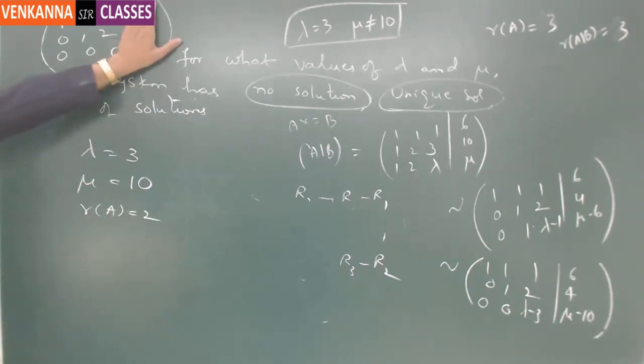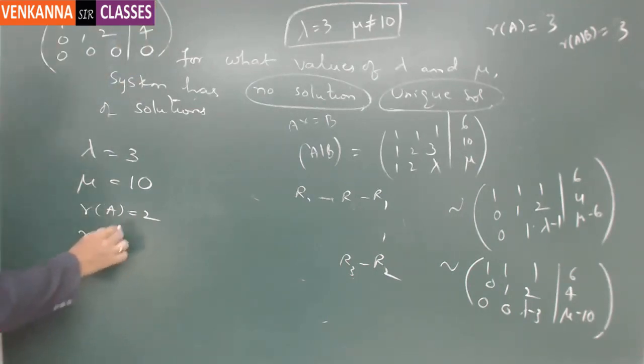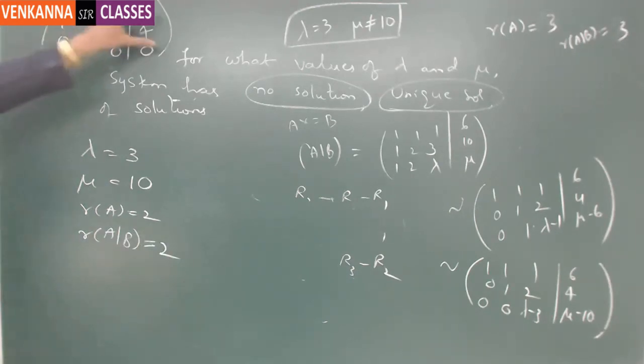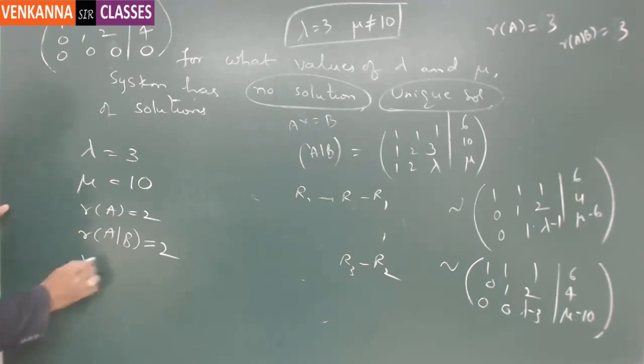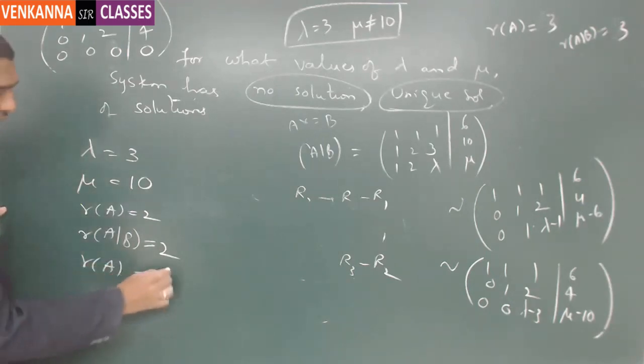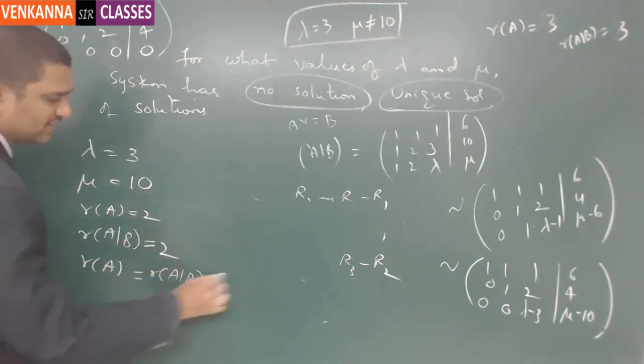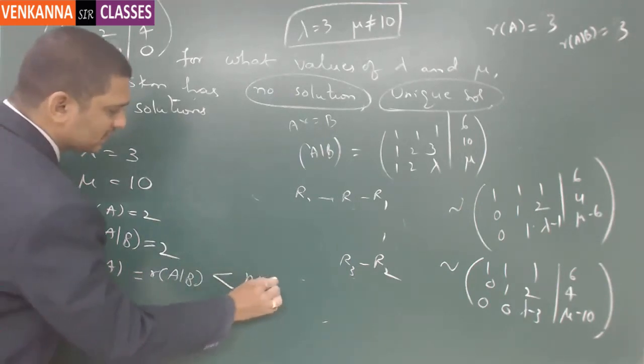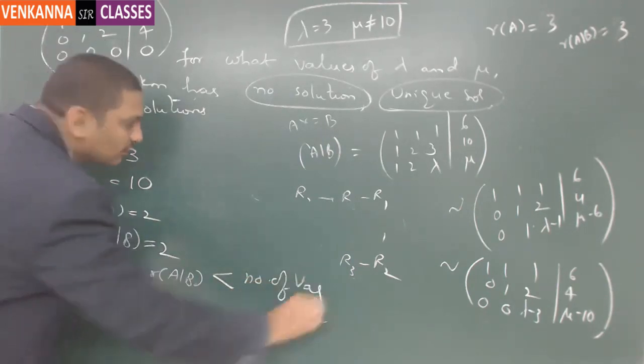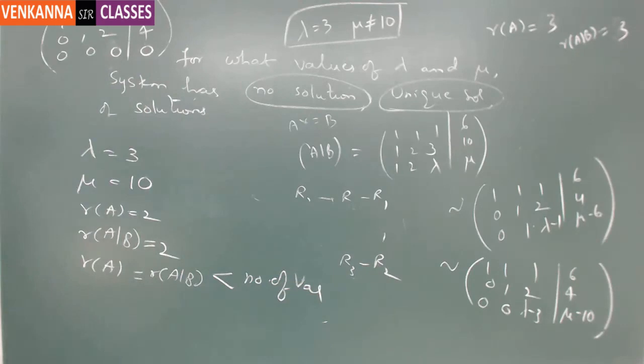Rank of A by B is also equal to 2 because only 2 non-zero rows are there. The last row has become completely 0. So rank of A is equal to rank of A by B, which is less than the number of variables. Therefore, the given system is consistent, it has an infinite number of solutions.